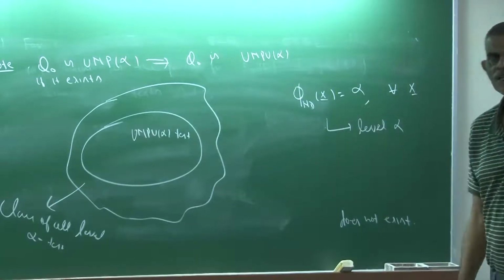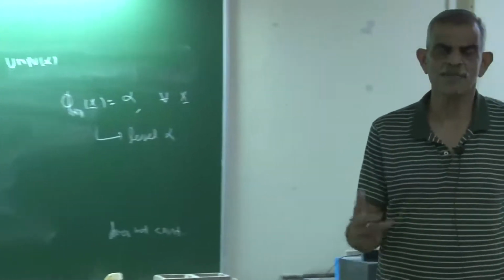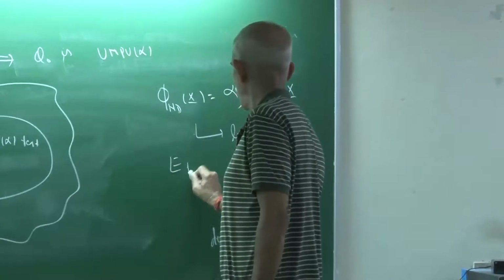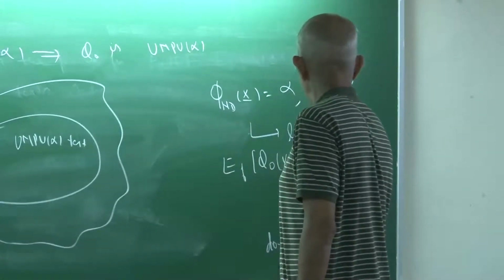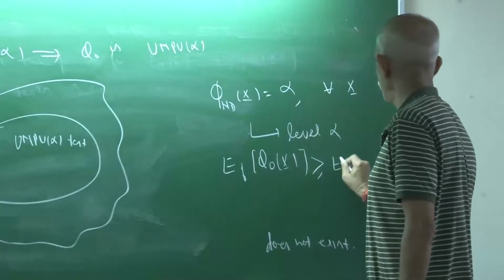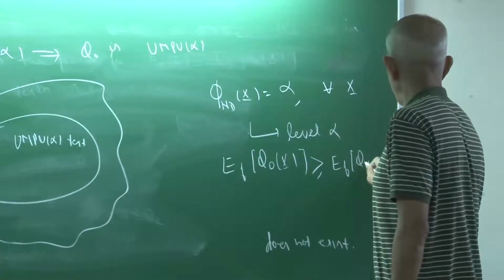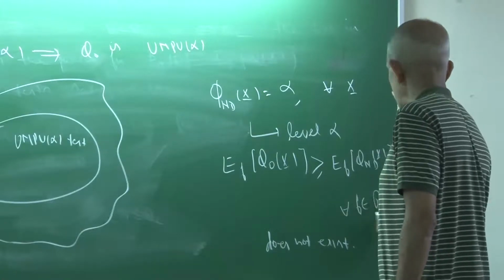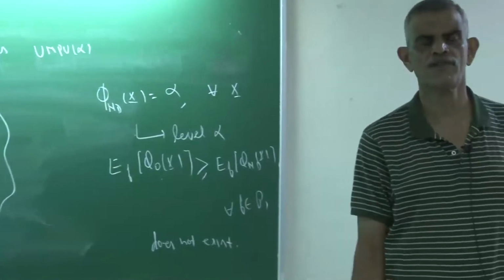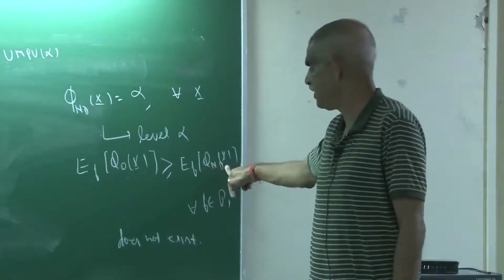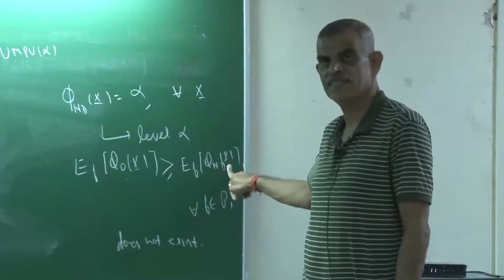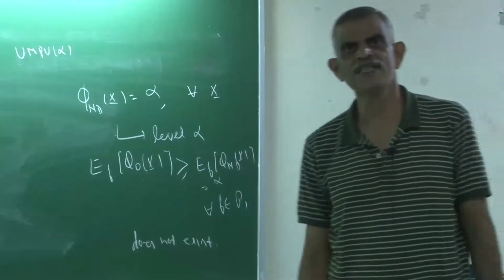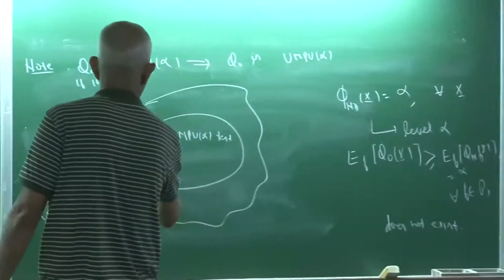If this has level alpha, then I know that the UMP alpha test has power more than this. So the expected value of phi naught(X) would always be greater than or equal to the expected value of phi_0(X) for every f belonging to P1, because phi naught is the uniformly most powerful. Its power would be greater than or equal to the power of any other level alpha test, and phi_0 is a level alpha test. So a UMP alpha test always belongs to U alpha.